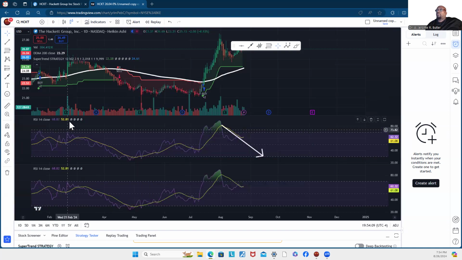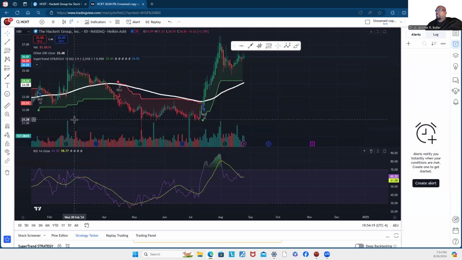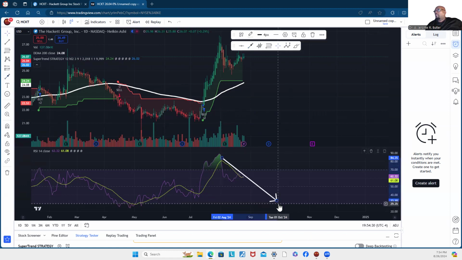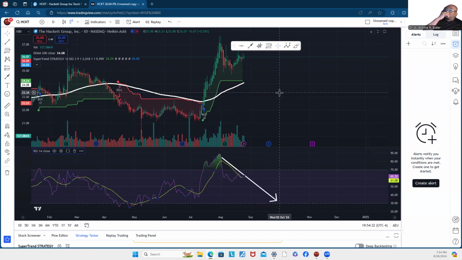Let me kill one of these RSIs. So as I said, looking at automating our account, this is the kind of stuff we're looking for. If we were looking at the gap up, and this is on the daily, let's take a look and see what it's doing on the 15-minute.